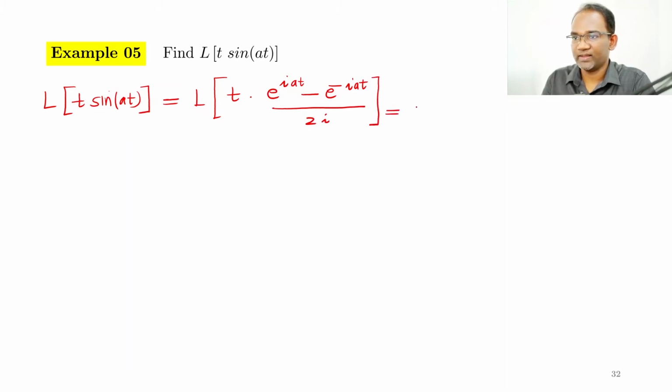And this is equal to 1 over 2i times the Laplace transform of t e raised to iat minus the Laplace transform of t e raised to minus iat. This bracket is common.